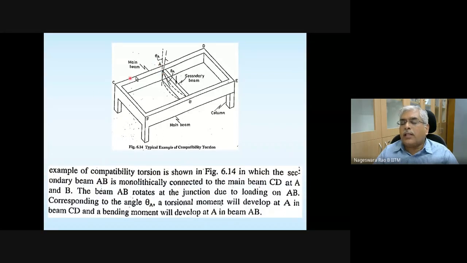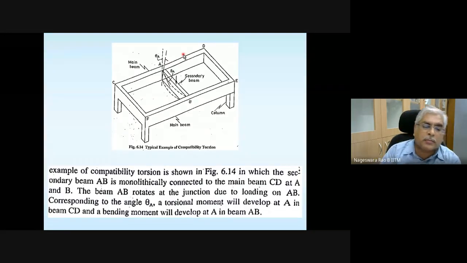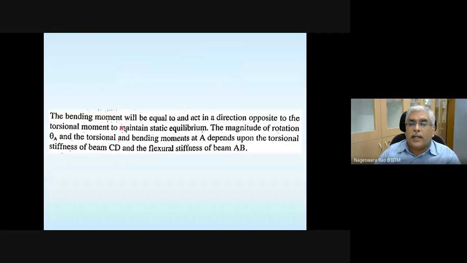In addition to that, this main beam may be subjected to some transverse load. In addition to this torsional moment, it's also going to be subjected to bending moment. Is it clear? The bending moment that is developed will be equal to and act in a direction opposite to the torsional moment to maintain static equilibrium.